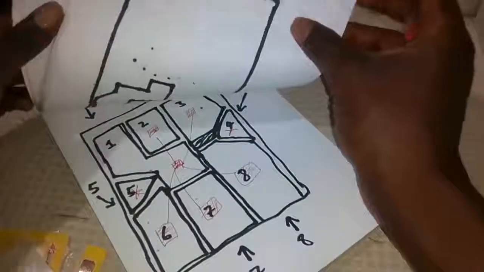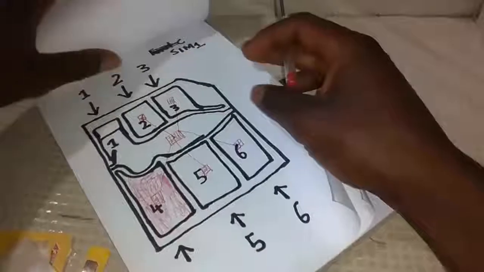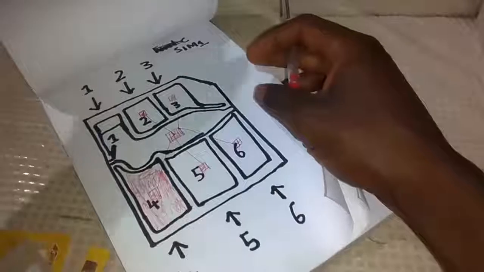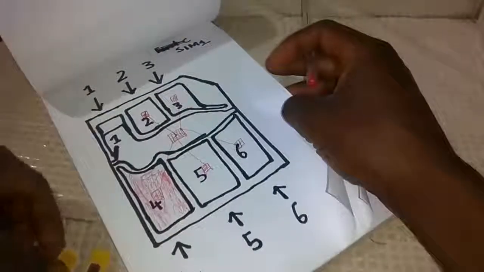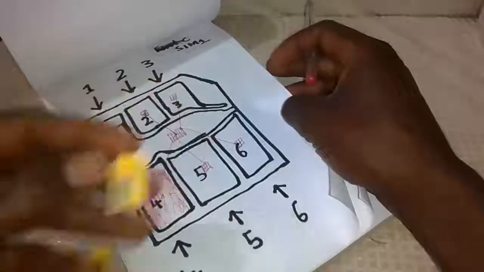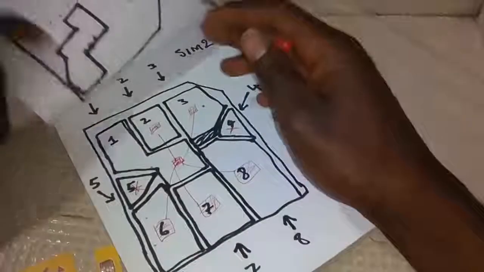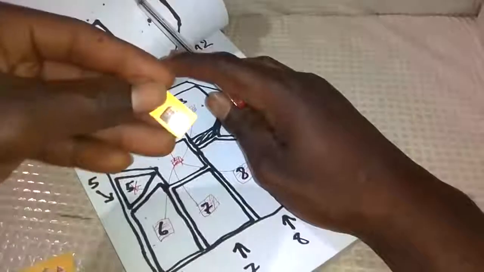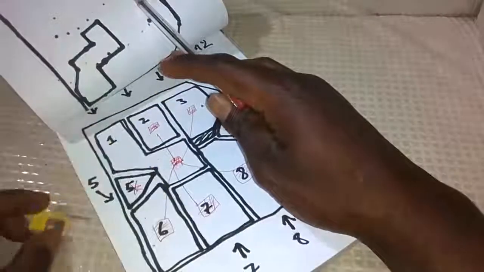But if you are using this type of SIM, which is this one, then you need 6. If you are using this one, which is this one, then you need 8 of the SIM to make it work.